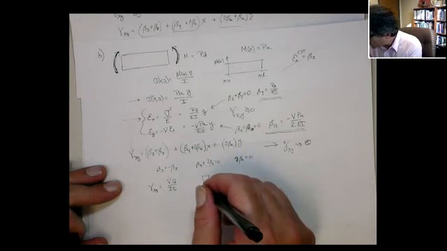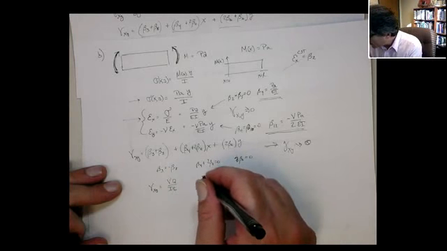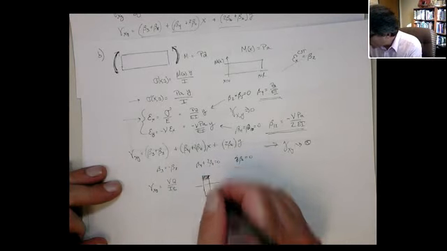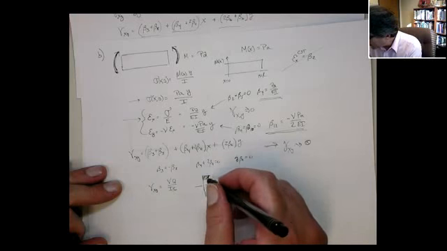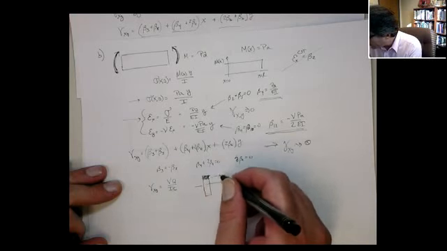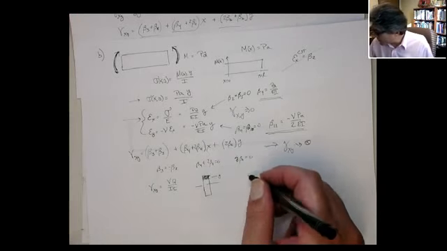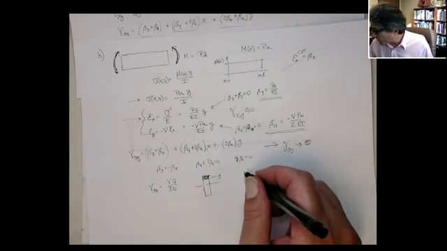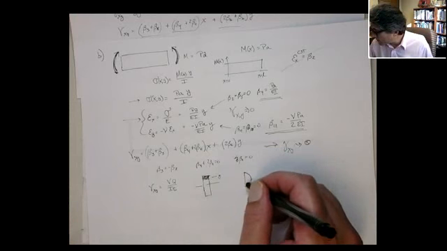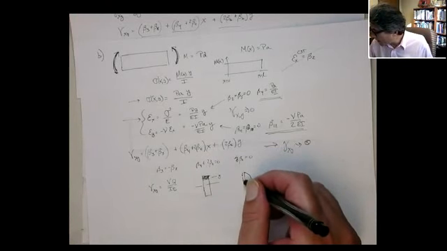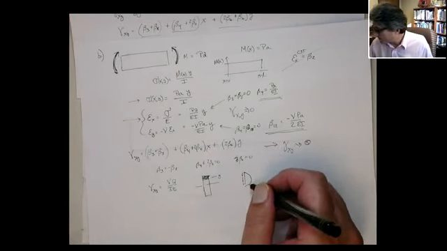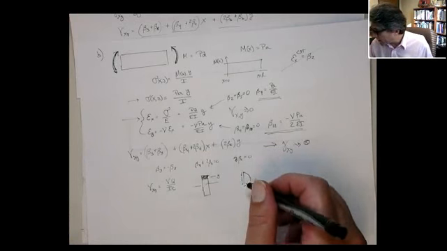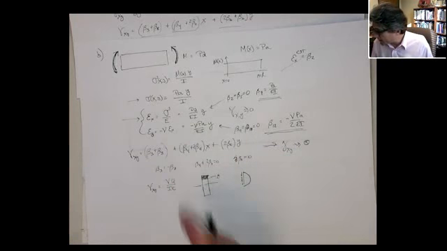Remember, if here's the neutral axis, Q is basically the first area moment of the area above the point of interest. Okay? But without working through all the details, you know that this gives you a parabolic shear distribution.